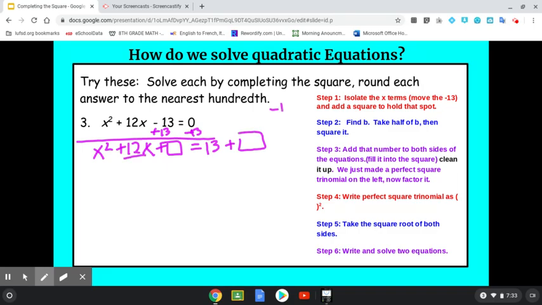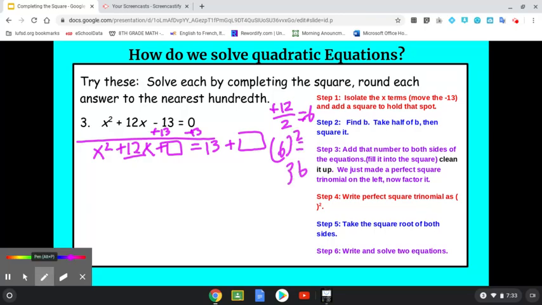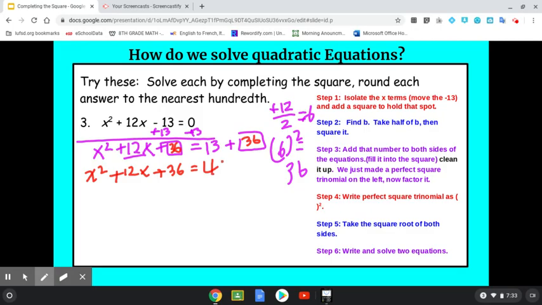Oh, it's positive this time. Have 12, you get 6. 6 squared, you get 36. So that's going to go into our square because that's what we got when we squared it. Look at that. 36, 36. Okay, we're going to clean it up. We get x squared plus 12x plus 36 equals 36 plus 13 is 49.